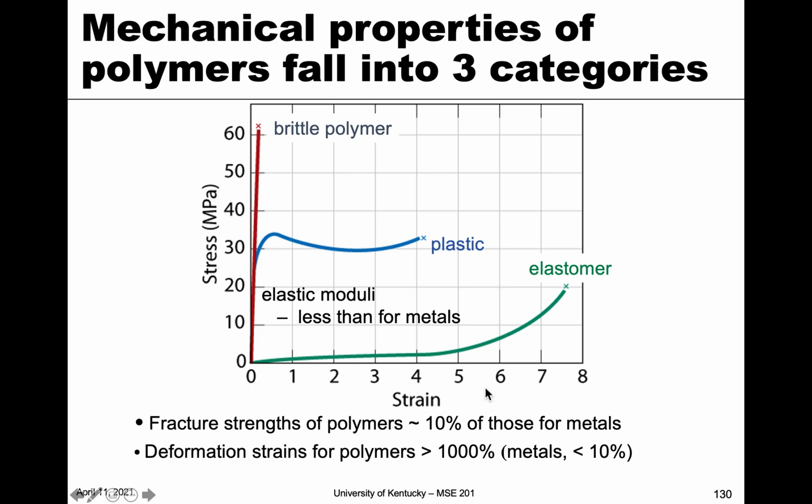And we can kind of divide their behavior into three main categories. So we have brittle polymers, where just like brittle ceramics and brittle metals, it doesn't exhibit a large degree of strain or plastic deformation. And so you can kind of just see a linear elastic behavior. So that's just elastic, and then it fractures with very little change in shape. We also have plastic.